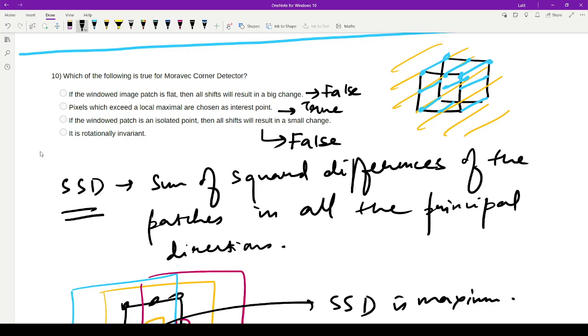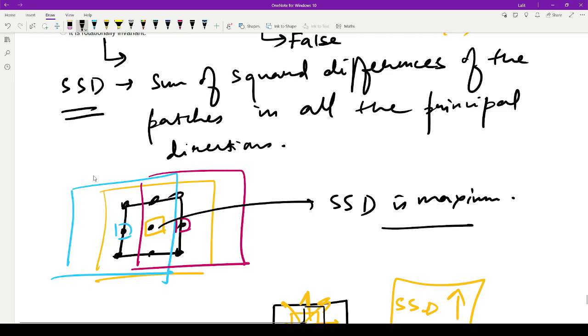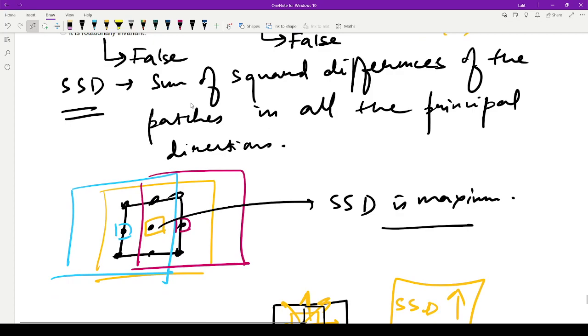And is it rotationally invariant? No, of course this is also false. Why? Because you are using patches.